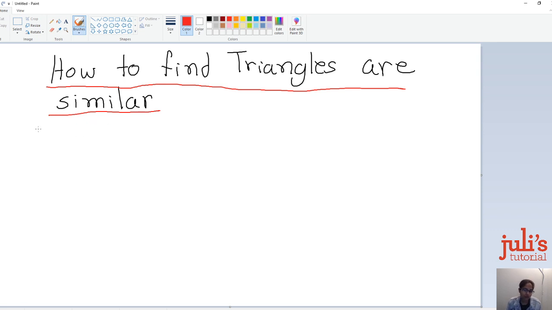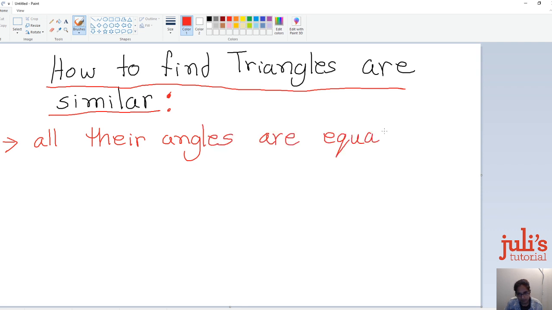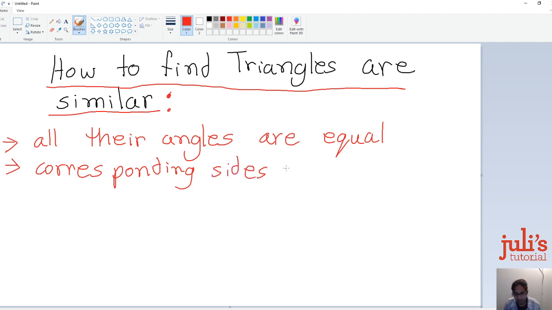So how to find if two triangles are similar? Two triangles are similar if all their angles are equal, and their corresponding sides are in the same ratio.